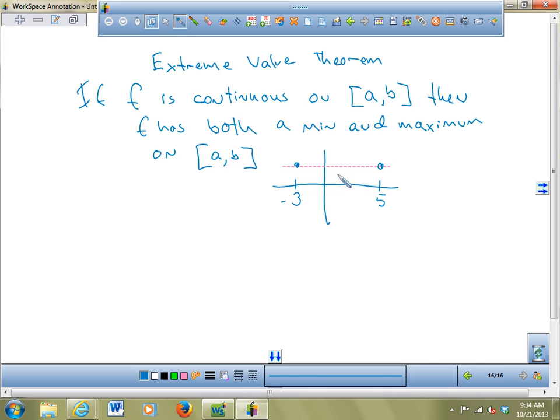If you have a straight line, it can have both; the entire segment is considered a minimum and a maximum. But if you have something else going on, then it would have to have a minimum value and a maximum value on that interval if it's continuous. Now, if there's a hole in it, there's no guarantee that there's a minimum or a maximum. Okay?